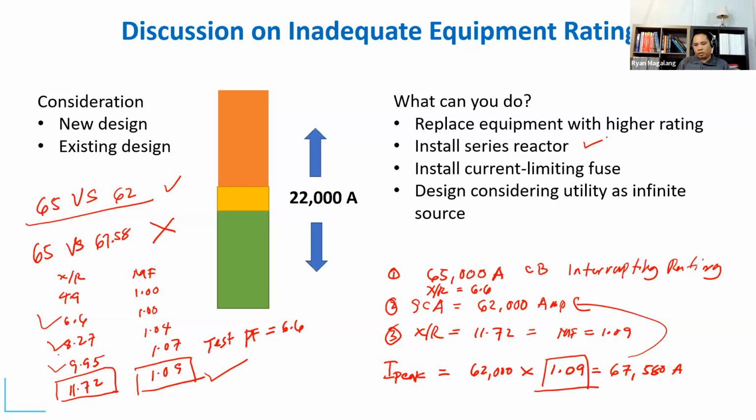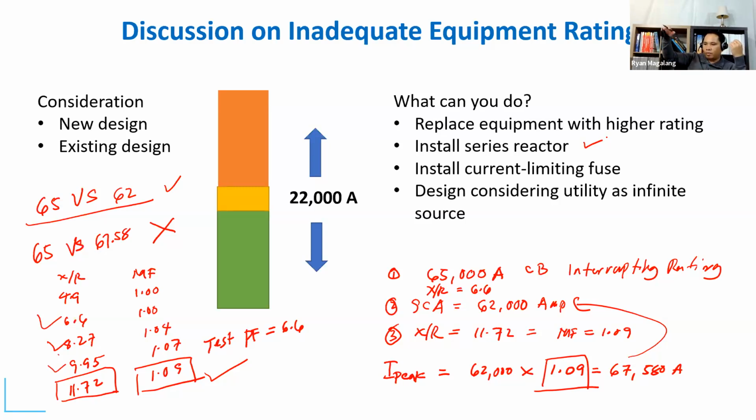So what can you do? You can install a series reactor. So what does the reactor do? It's essentially an impedance. We said that a utility is just a parallel network of n number of impedances.